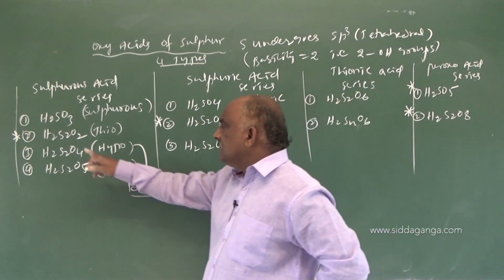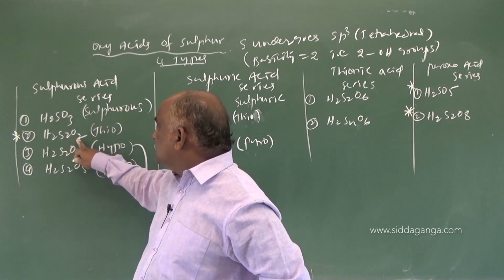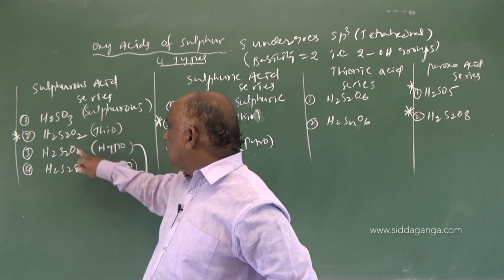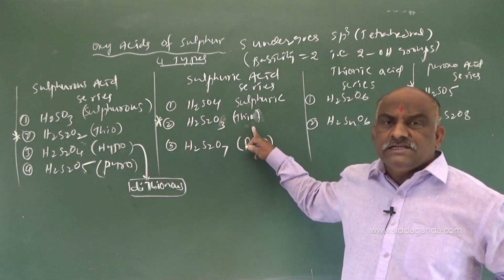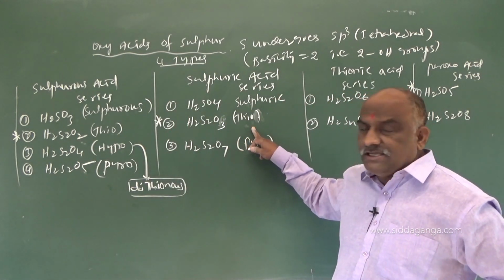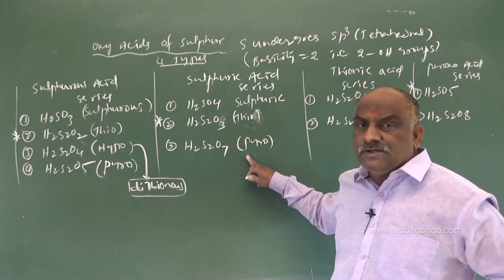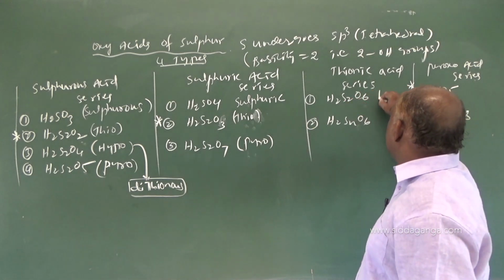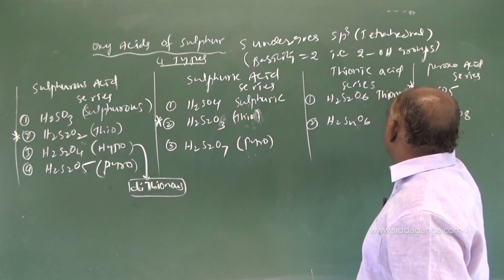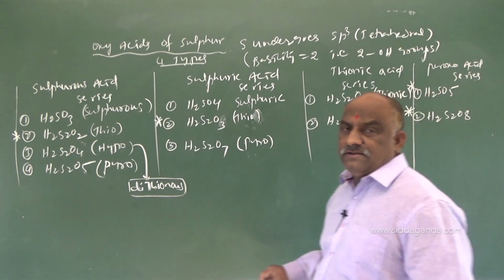Once you observe, H2SO3 is sulfurous, followed by S2O2, S2O4, S2O5. Where is O3? O3 is called thiosulfuric acid. H2S2O7 is pyrosulfuric acid. Then H2S2O6 is thionic acid, and it is polythionic acid.